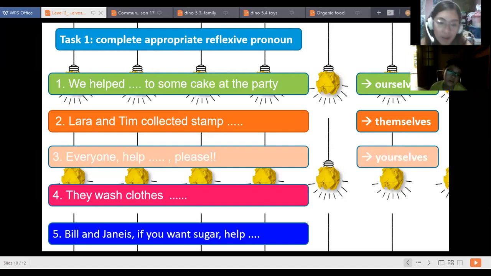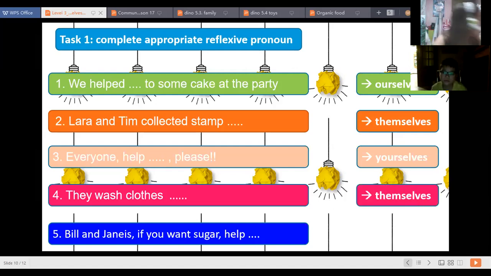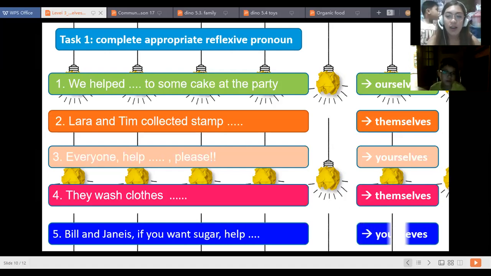Everyone help yourselves, please. Okay, how about number 4? They wash clothes themselves. Okay, how about number 5? Bill and Jim, if you want sugar, help ourselves. Okay, yourselves. The answer is yourselves.